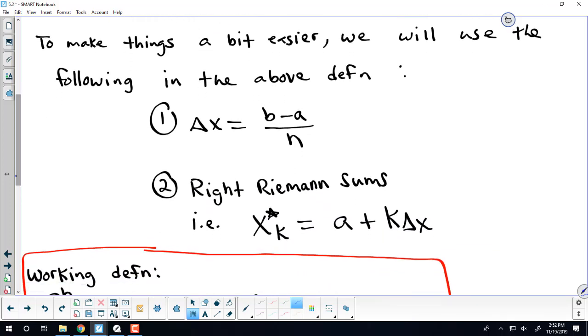So we're going to use right Riemann sums only, and it doesn't matter if you use right, left, or midpoint because we're filling that region up with infinitely many rectangles. So it's a moot point whichever Riemann sum you end up using, right? Might as well use this one because it's easier in a computational sense than the other two are.